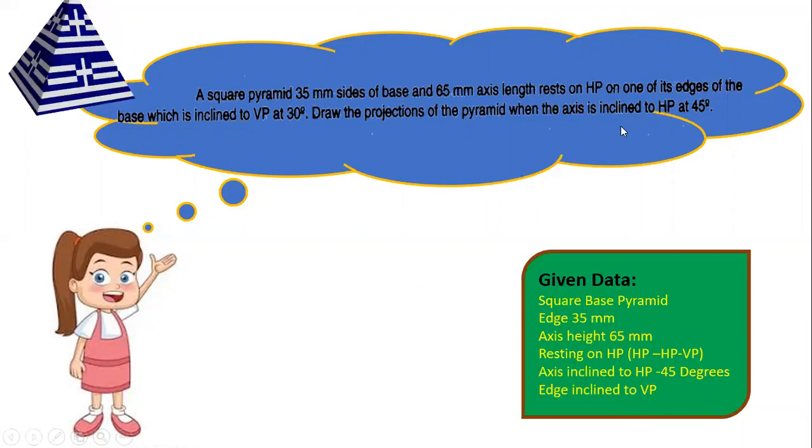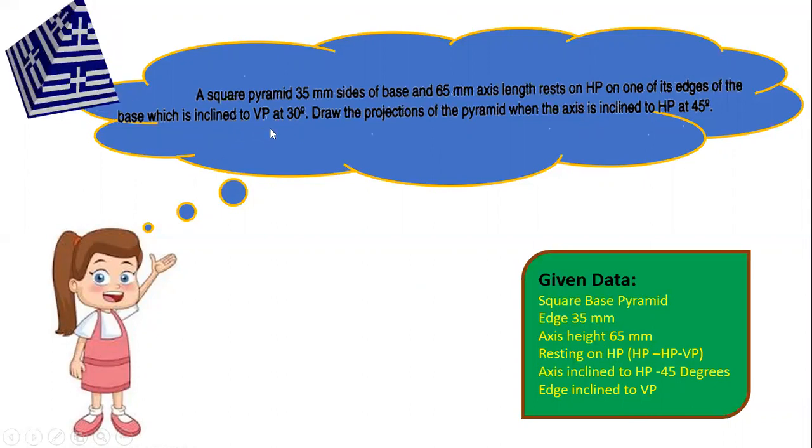So second position, axis is inclined to HP at 45 degree, and third position is the edges of the base is inclined to VP at 30 degrees. So here it says edges of the base is inclined to VP at 30 degrees. So it is a normal type of problem.